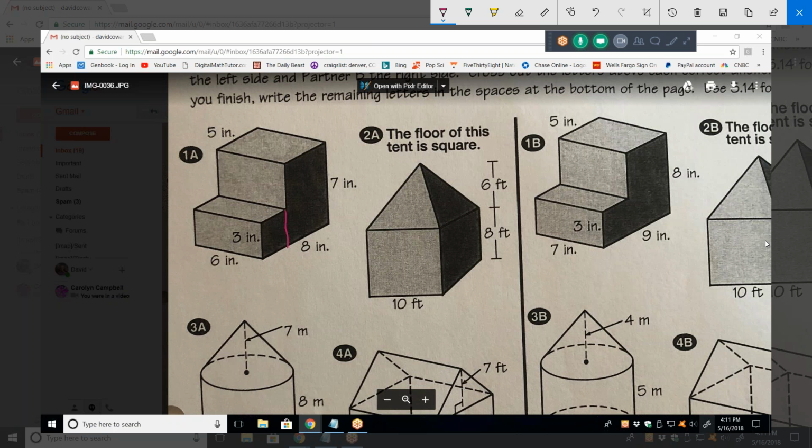And now if we look at this bottom one, we've got 1, 2, 3, and then that side there that's invisible to us, 4, and then the bottom, the 5th side, which is underneath, which is invisible to us.